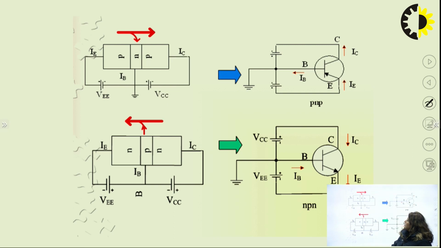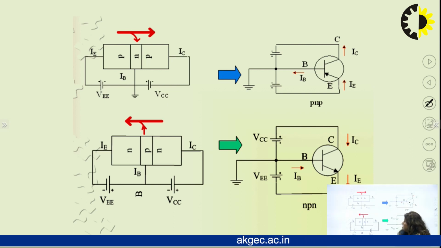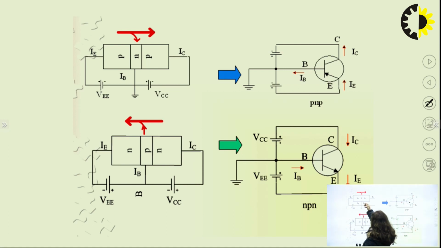Coming to the picture of the common base configuration, we have the base, that is P and P. We have the base which is grounded. We have the emitter voltage provided to the emitter, because this is your emitter, this is base, and this is collector. The voltage is VEE, which is forward biasing.